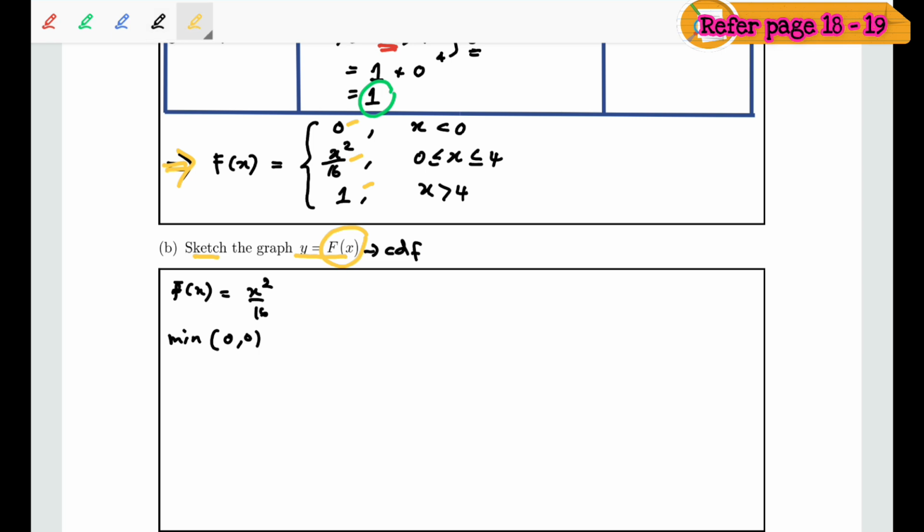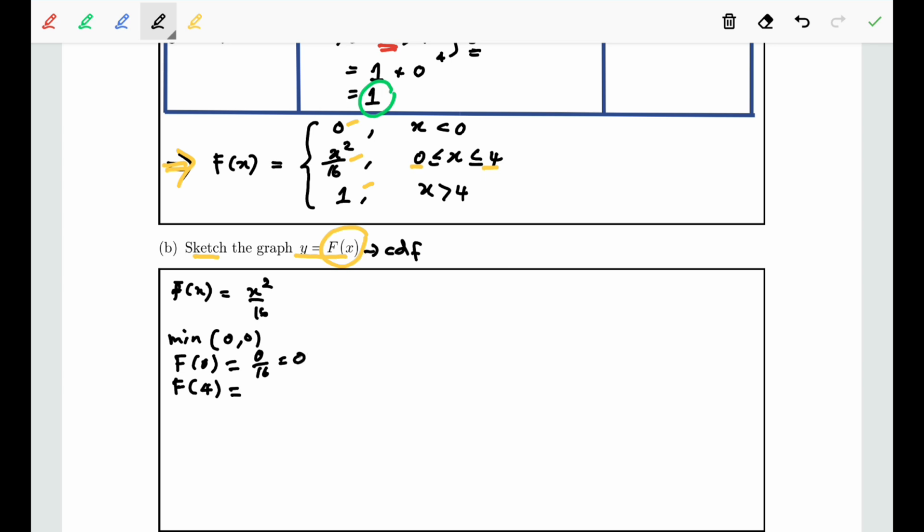And since the interval varies from 0 until 4, we're going to find these two values. So we calculate f of 0 and also f of 4. f of 0 should be 0 over 16, so equals 0. This is the minimum point. And f of 4 equals 4 squared over 16, which gives you 1.